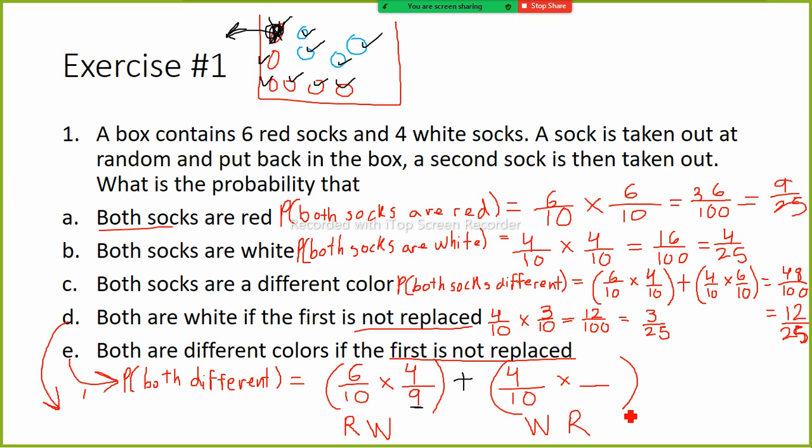Go ahead, Deja. What's the probability of choosing a red one? Will it be 6 over 9? Yeah, of course, 6 over 9.